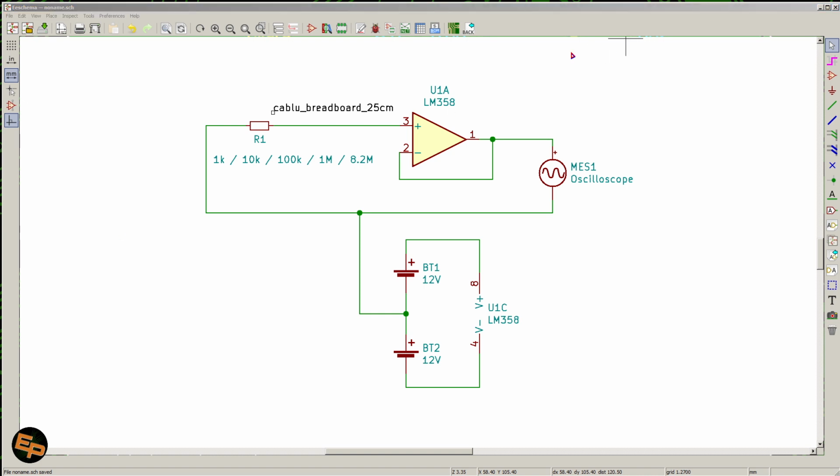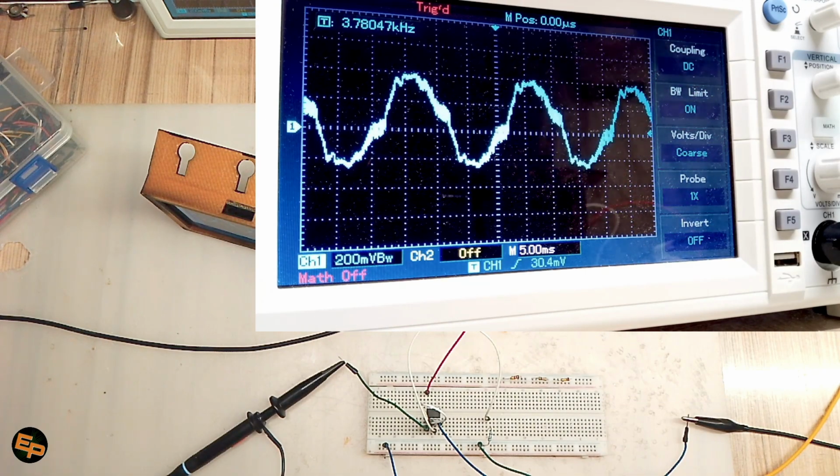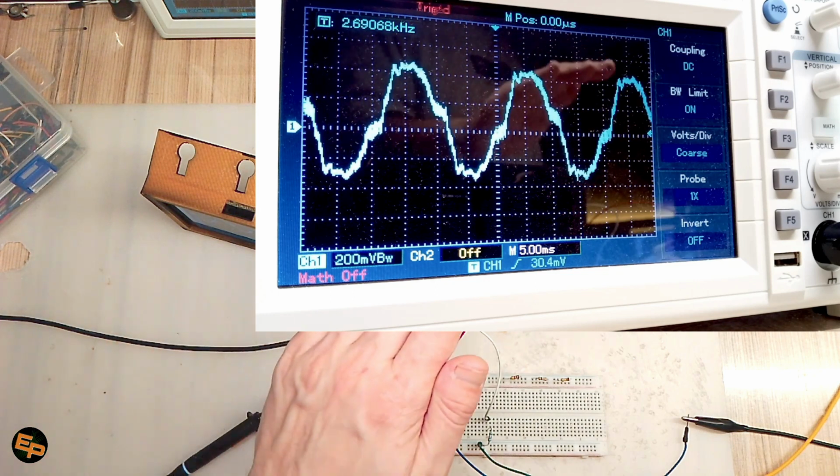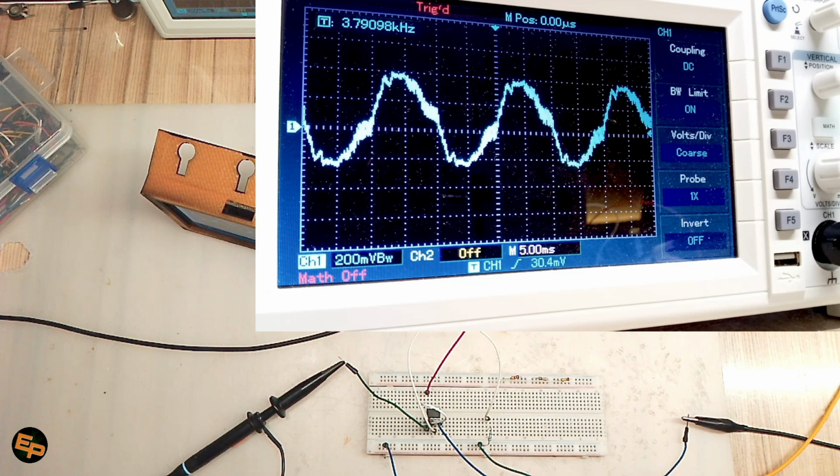Now, before I finish this video, let me show you a couple more things. So this is the circuit that I've created to perform all of these tests on the breadboard. In the middle you see this sort of horseshoe cable, this half a loop created with that pretty long cable, 25 centimeter cable.